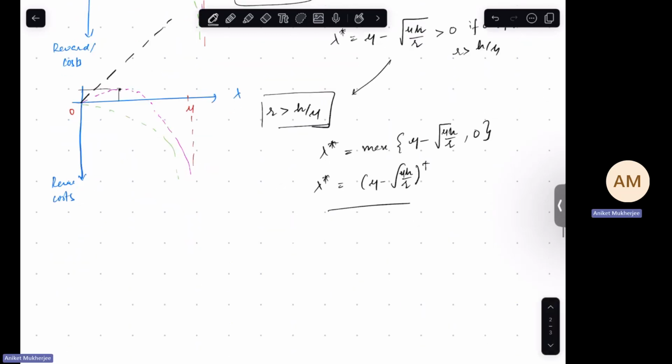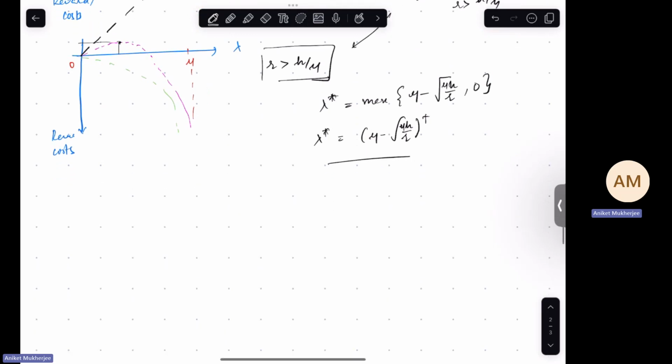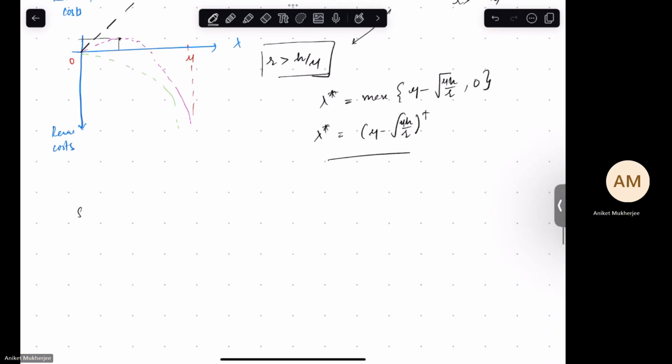So next we will discuss social versus individual optimization. Till now, we have discussed two things: optimal service rate and optimal arrival rate.